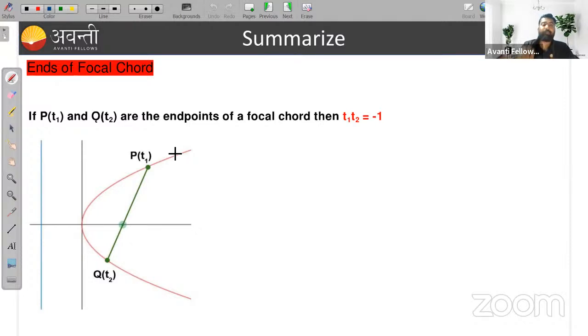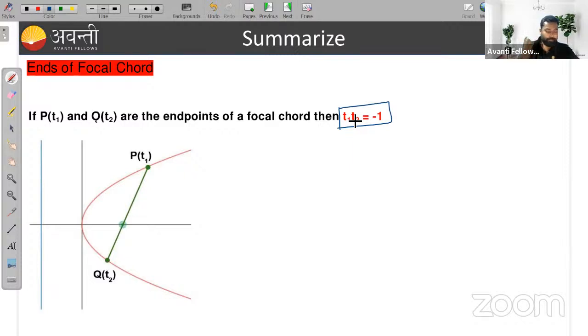Then if these are the end points of the focal chord, one result we can say is t1 into t2 is equal to -1. Got it? How can we prove it?